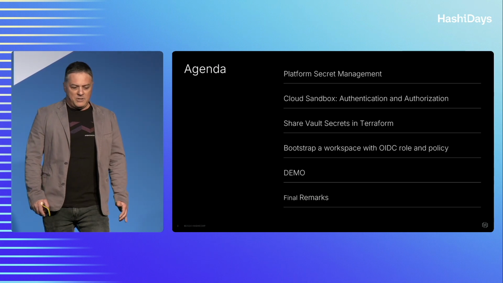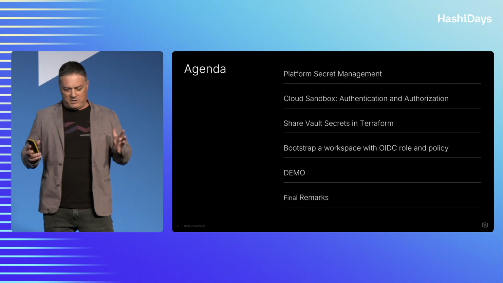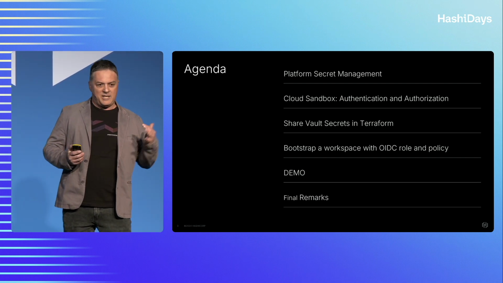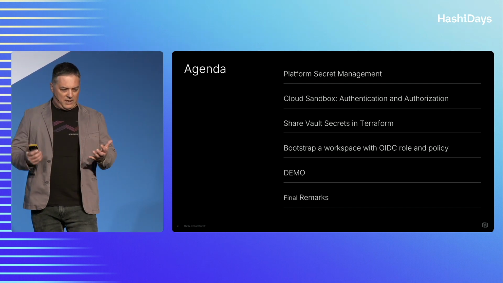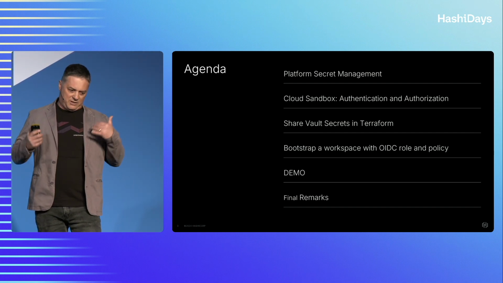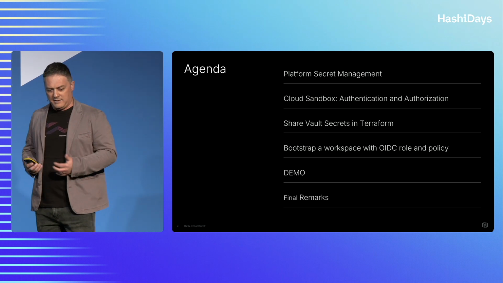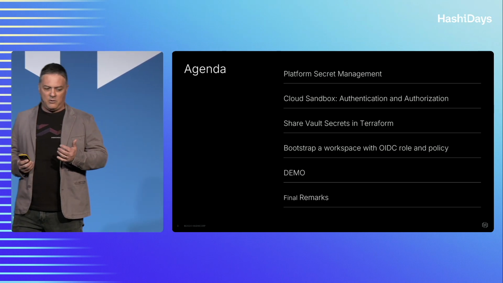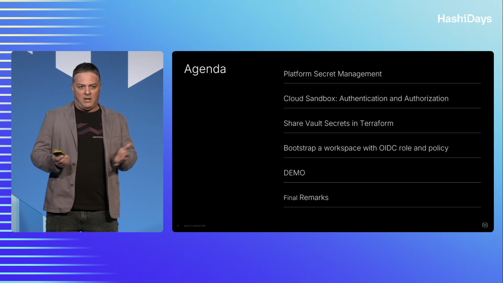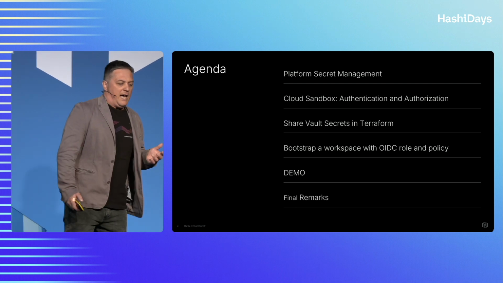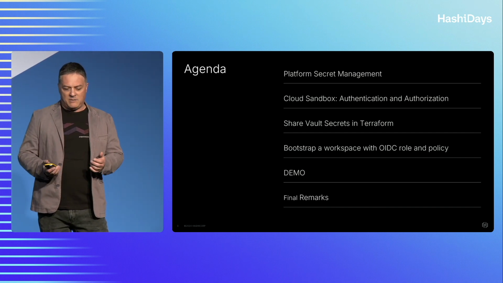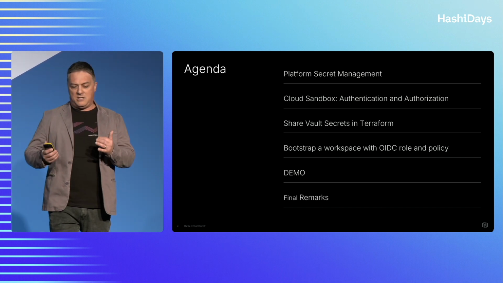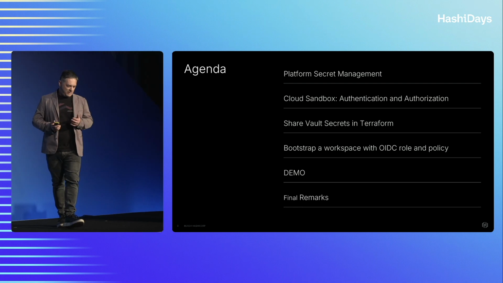So the agenda for today is pretty tight because in 30 minutes I try to give you some explanation or some insight about platform secret management, how to do secret management well in your platform using obviously HashiCorp Cloud Platform. We also introduce some concepts like the cloud sandbox with authentication and authorization.